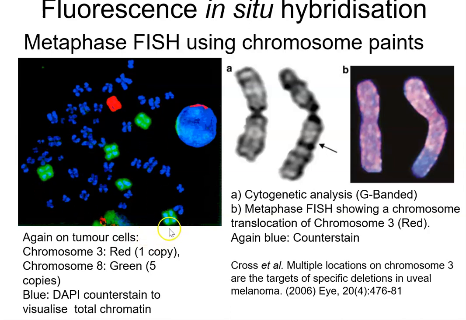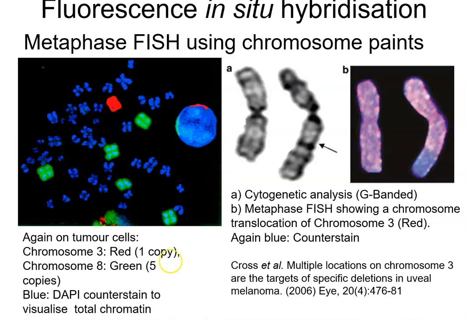We co-hybridize them onto metaphase spreads, and what you can see is we've got 1 chromosome 3 and we've got 5 copies of chromosome 8 in this case.